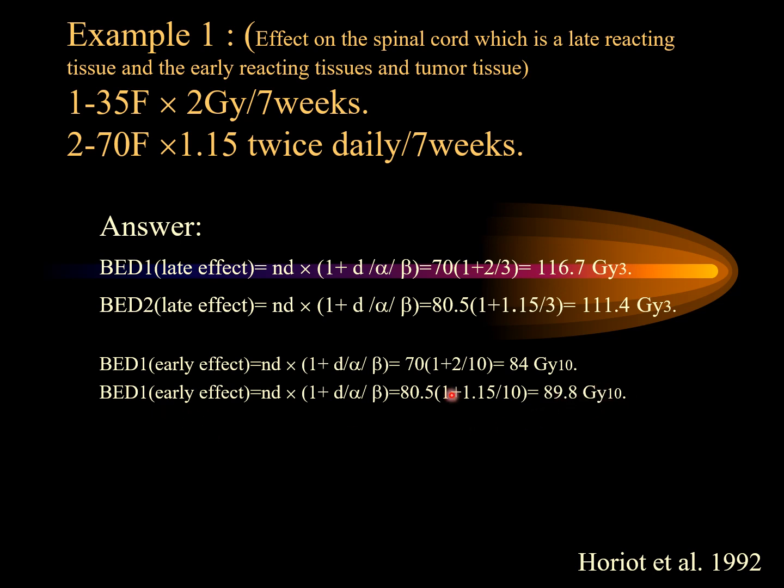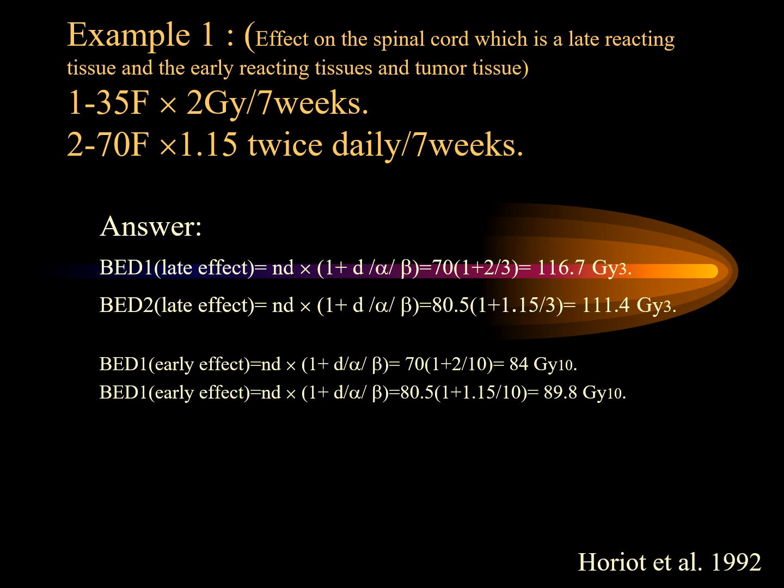But they also tell you that mucositis was worse for the hyperfractionation, because mucositis will be affected in a very similar way to the tumor, the early reacting tissue. And now you can understand how we are playing with it.